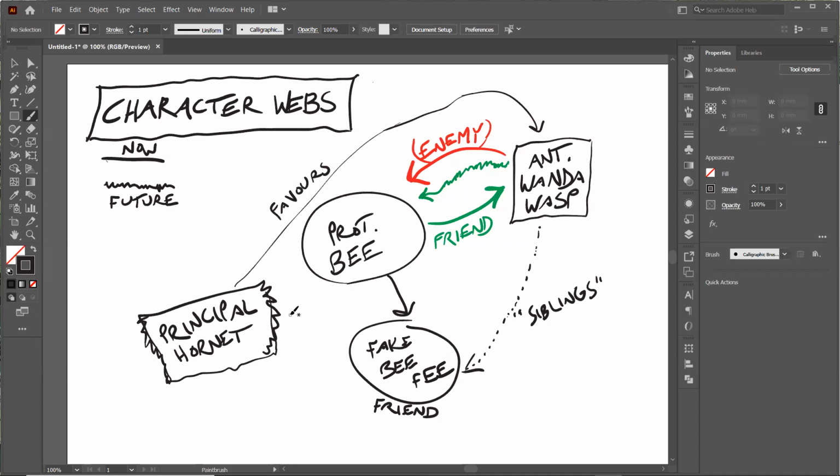And then she wouldn't like B. So I guess she would be neutral towards V because she is the sister of Wanda, but also a friend of B. So neutral.